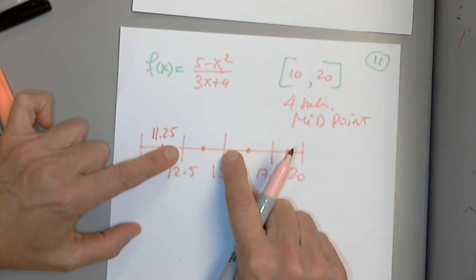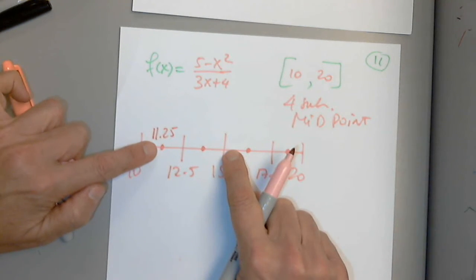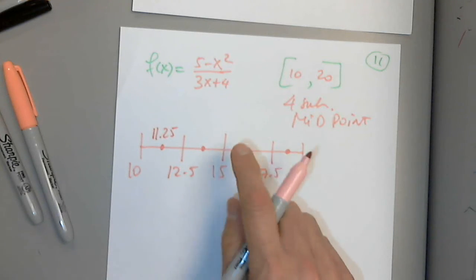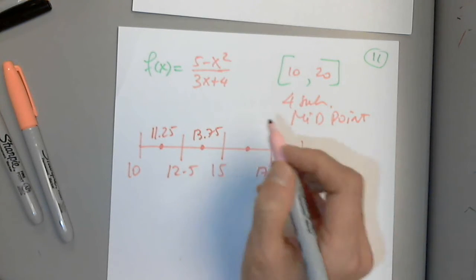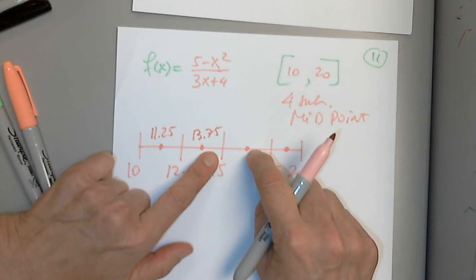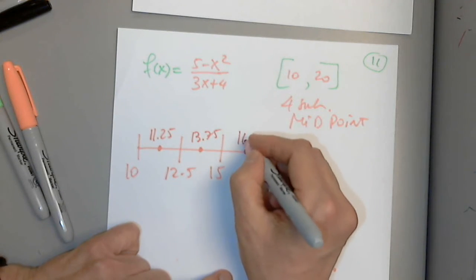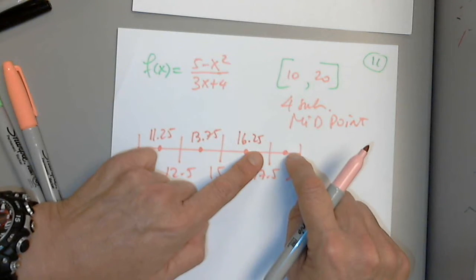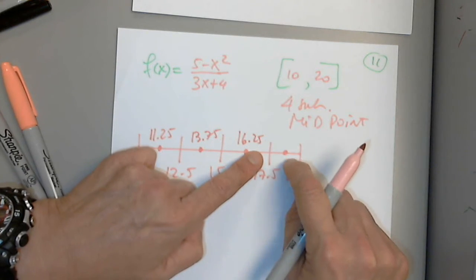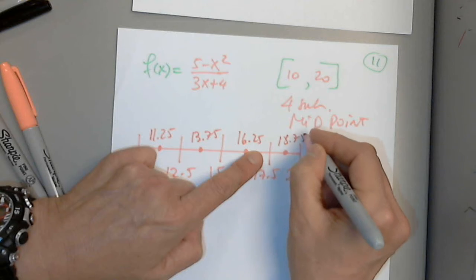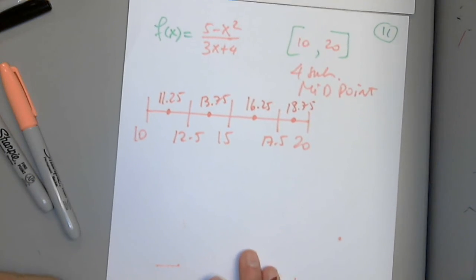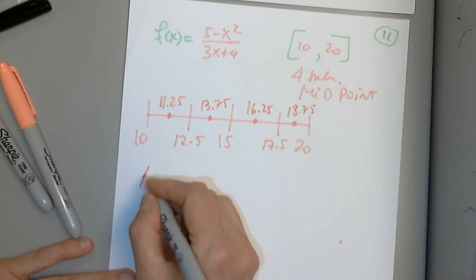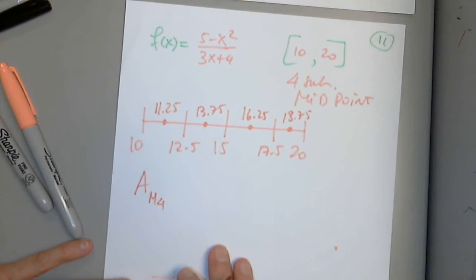Again, this is 1.25, 13.75. And then 15 plus 1.25, 16.25. And then 17.5, right? 18.75.